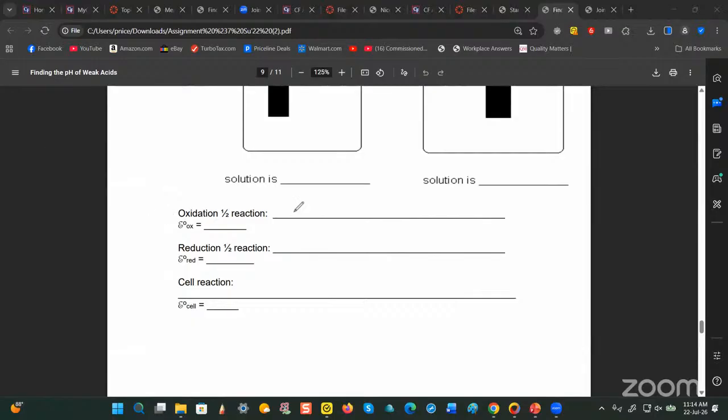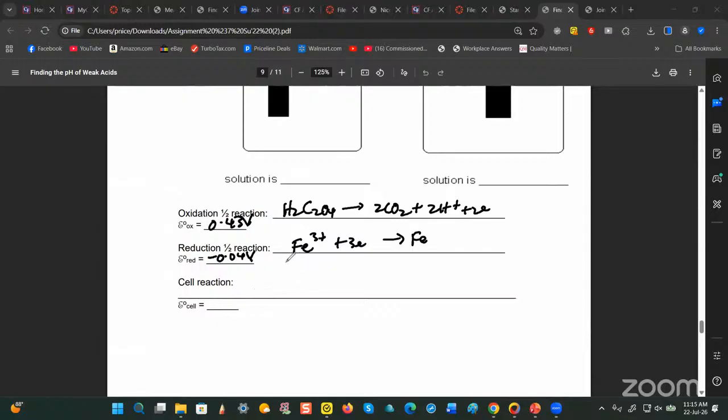So this would be the oxidation half reaction to form 2CO2 plus 2H+ plus 2 electrons, and the EMF of that would be 0.43 volts. Now for the reduction half reaction, that would be Fe3+ plus 3 electrons to give Fe, and the EMF of that would still be minus 0.04 volts.